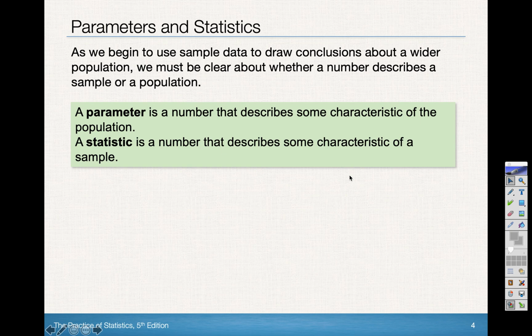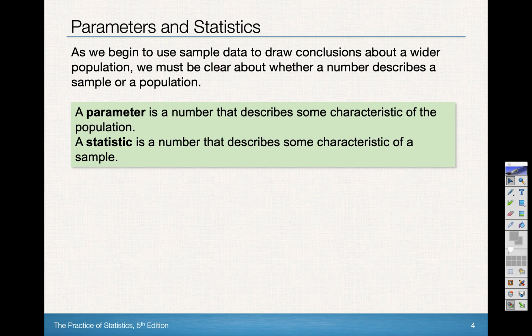To do this, we are going to have to know the difference between what's called a parameter and what is called a statistic. A parameter is a number that describes a characteristic from the entire population. In my example, the parameter would be the average height of all American women. The statistic is a number that describes a characteristic of the sample.